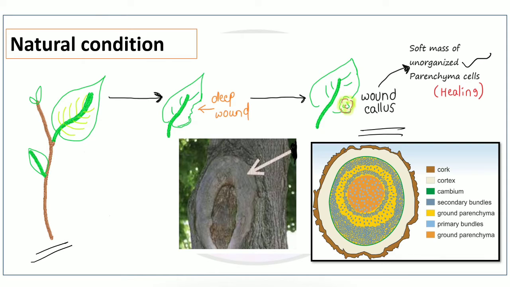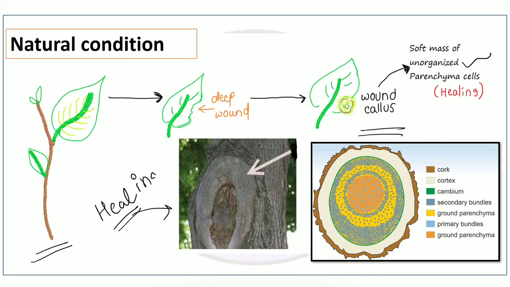Okay, in the picture, you can see the deep, large wounds in branches and trunks of the intact plant result in the formation of this callus tissue. It is also known as wound callus. Remember that the main role of the formation of callus in natural condition is generally to heal the wound.